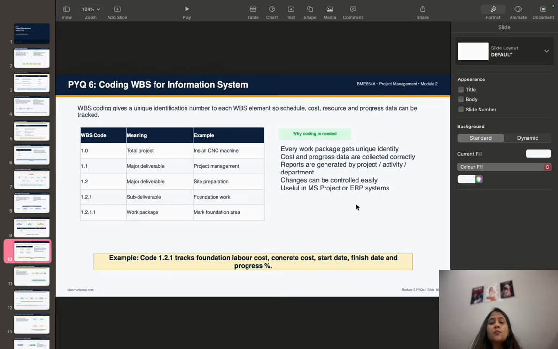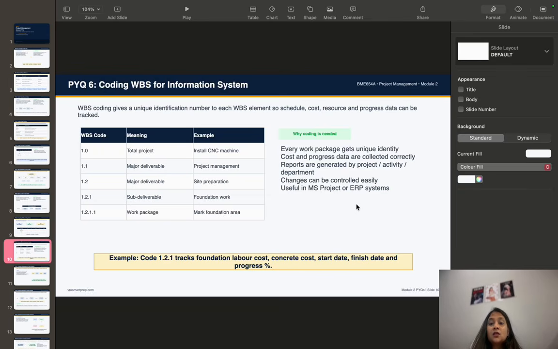For example, 1.0 may represent the total project. 1.1 may represent the project management. 1.2 may represent site preparation. 1.2.1 may represent the foundation work. 1.2.1.1 may represent marking the foundation area.